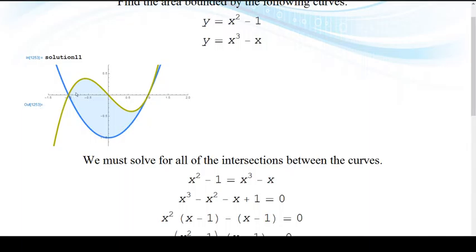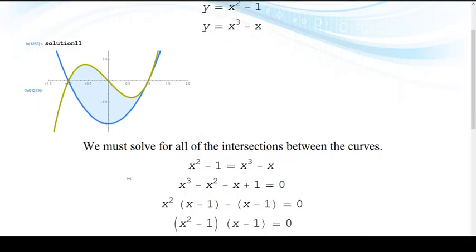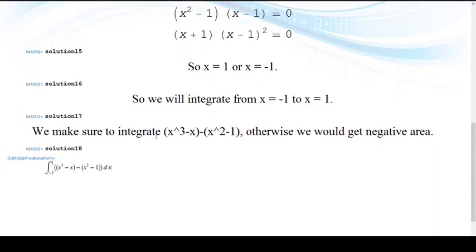Remember, on the region that we're describing, the cubic has the larger y value than the quadratic does. So that's why we integrate the cubic minus the quadratic. Otherwise, we would get a negative area. So that's why we have this integral set up the way that we have it.